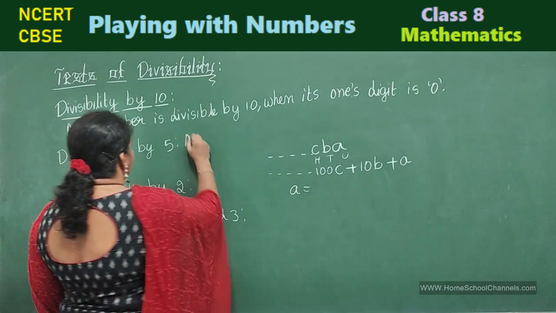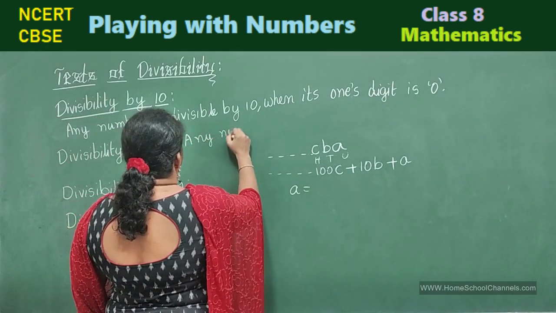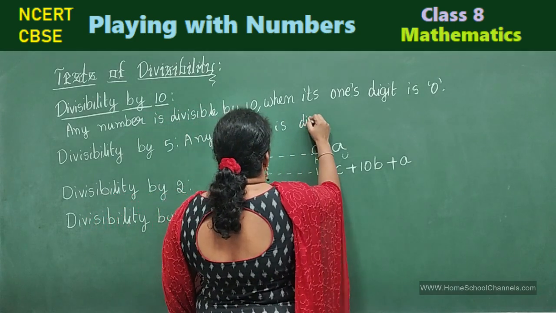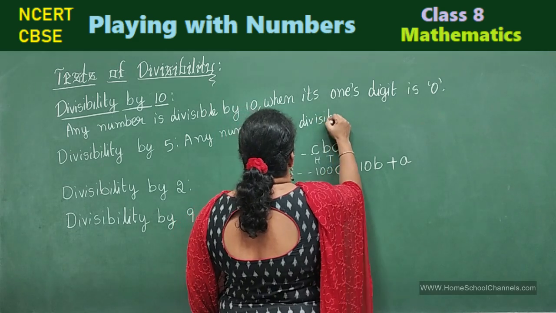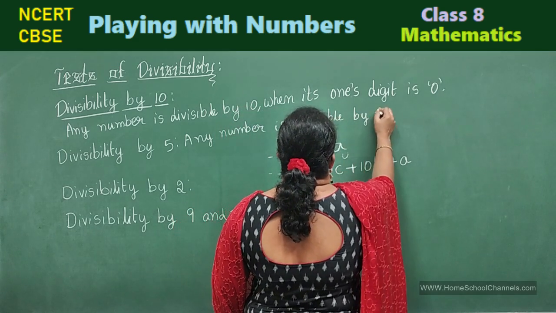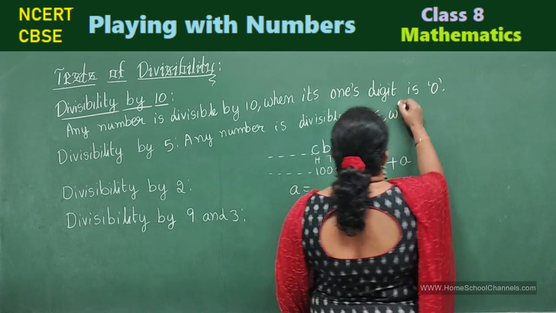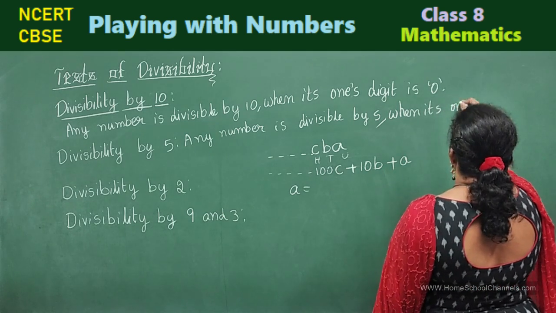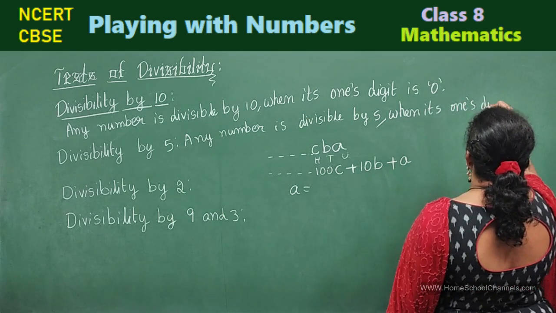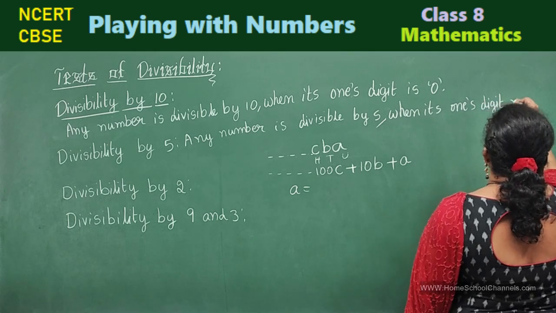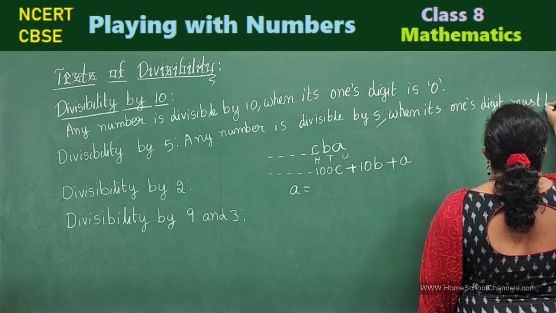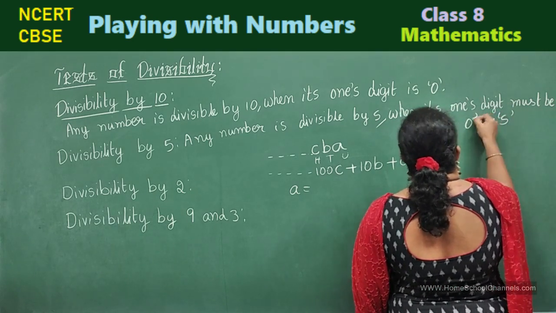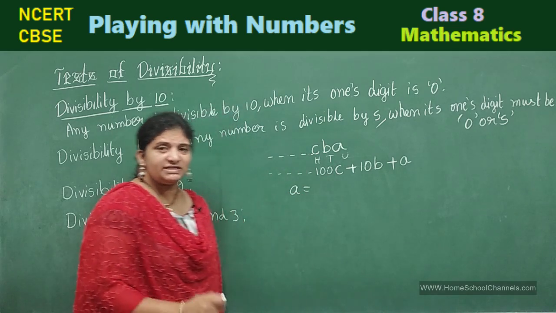Let us write here: any number is divisible by 5 when its ones digit must be 0 or 5. Ones digit must be 0 or 5.